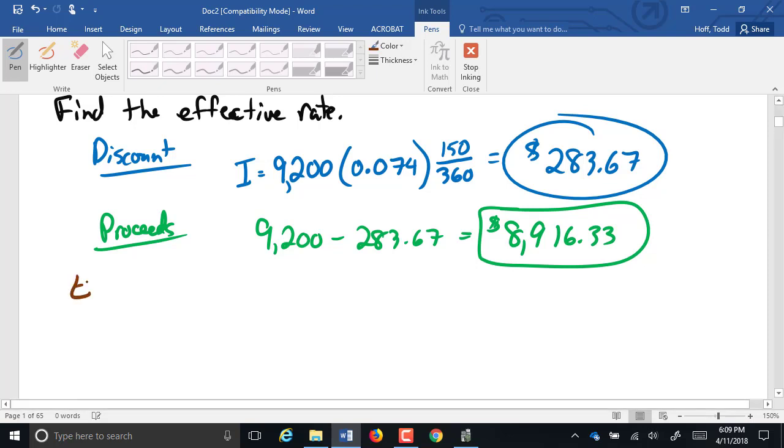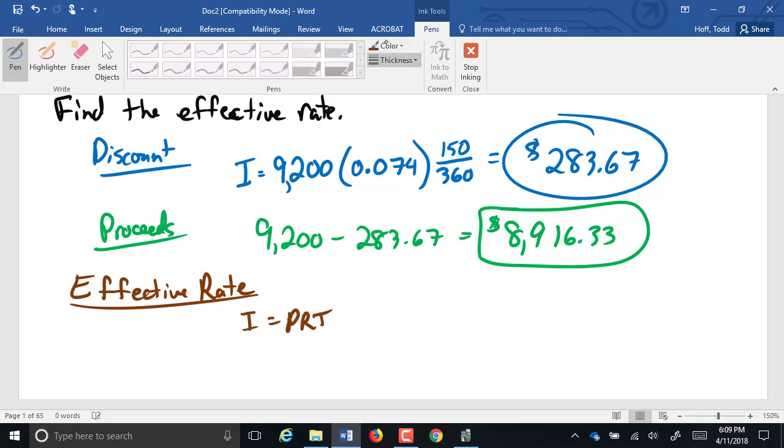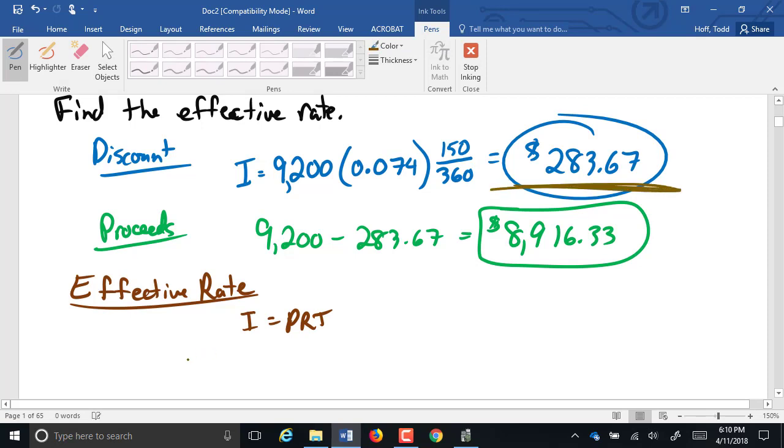So then our effective rate, we're back to I equals PRT. I is our discount, 283.67.